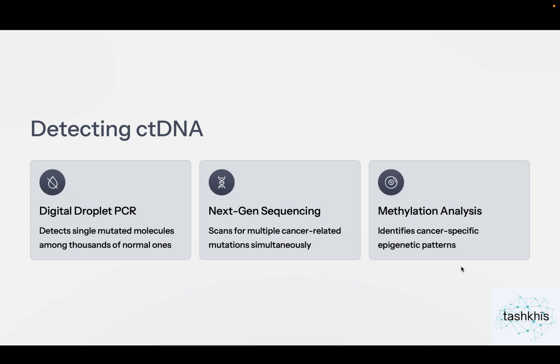We can also use next-generation sequencing to scan for multiple cancer-related changes at once. Or lastly, we can look for tumor-specific methylation patterns, which are chemical tags on DNA that act like fingerprints for certain cancers.